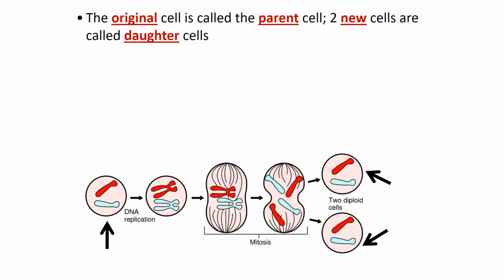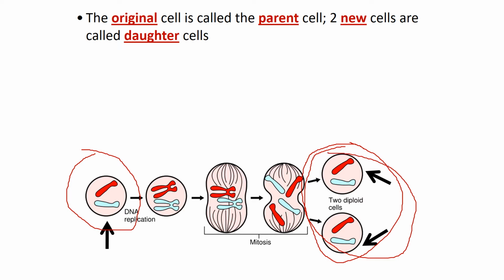Again, still showing us something in terms of mitosis. These are the daughter cells, and that's the parent cell. The daughter cells are genetically identical. Parent cell, two daughter cells.